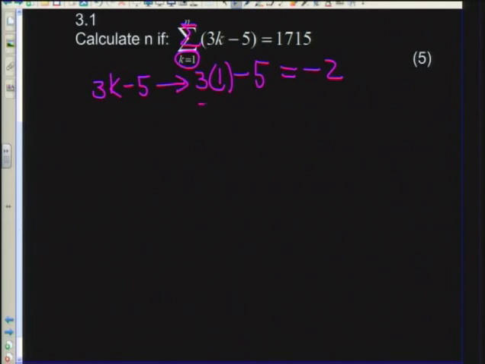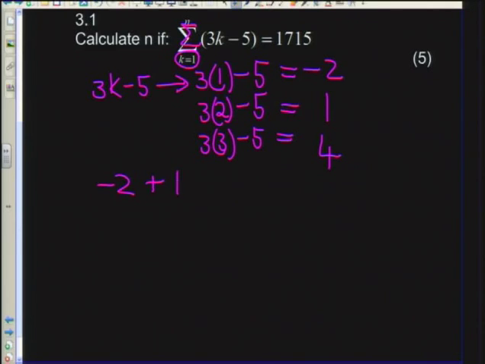Then I'm going to go to the next number, 3 times 2 minus 5, and that gives me an answer of 1. Finally, 3 times 3 minus 5, and my answer is 4. So this is my number pattern. I've got negative 2, then I've got 1, and then I've got 4.